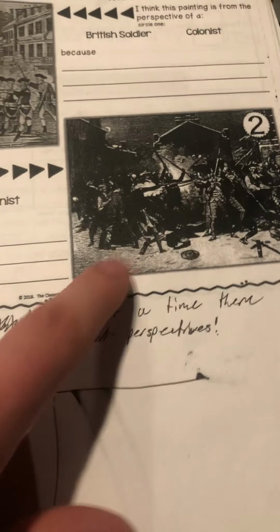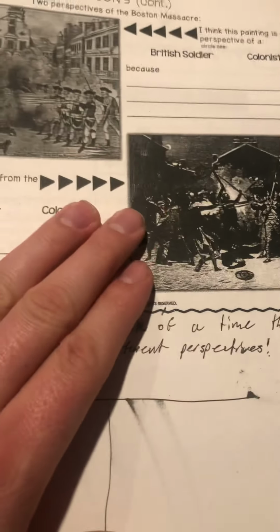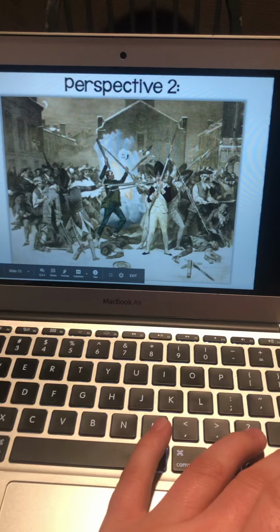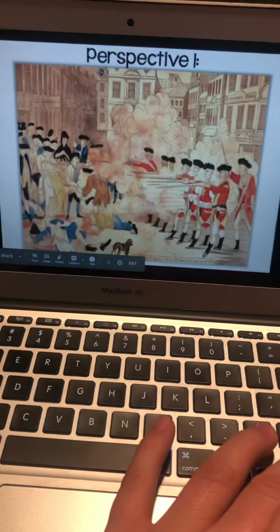Because no one wants to be the bad guy. So these guys look like the victims here. These guys look like the bad guys. Now, the other image was perspective 2, which is on the PowerPoint too. If you need to go back to the PowerPoint and look at these images because these are a lot clearer and a lot more color, that's okay too.